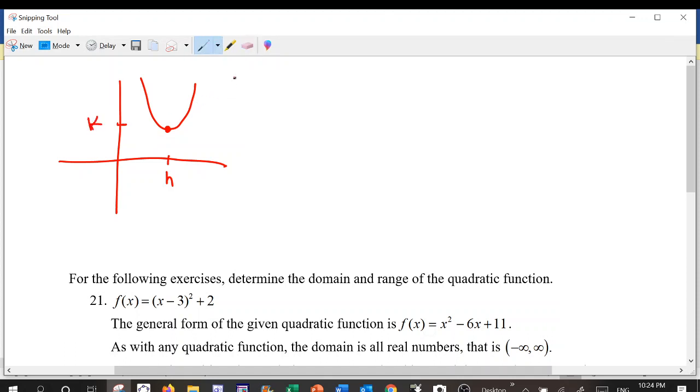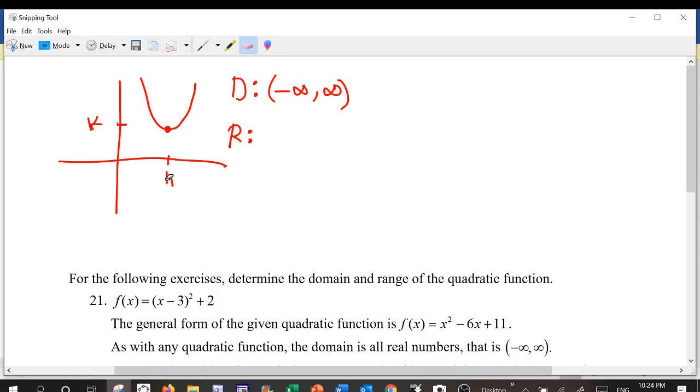Now, for all quadratic functions, the domain is all real numbers. It doesn't matter what function you have, domain is always that, the natural domain. You can restrict it if you want, but the natural domain for a quadratic function is all real numbers.